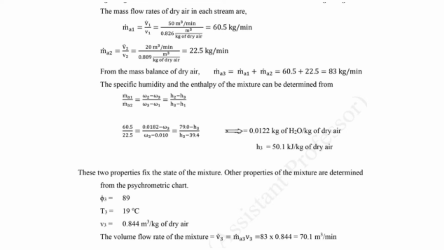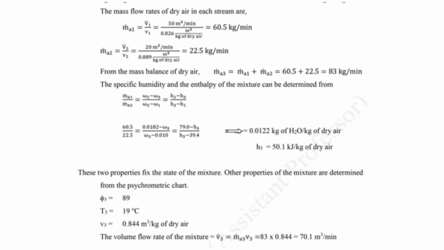The specific humidity and the enthalpy of the mixture can be determined from the mass flow rates of dry air at 1 and at 2: m_a1 divided by m_a2 is equal to omega 2 minus omega 3 divided by omega 3 minus omega 1. Also, it is related to the enthalpy as h2 minus h3 divided by h3 minus h1.